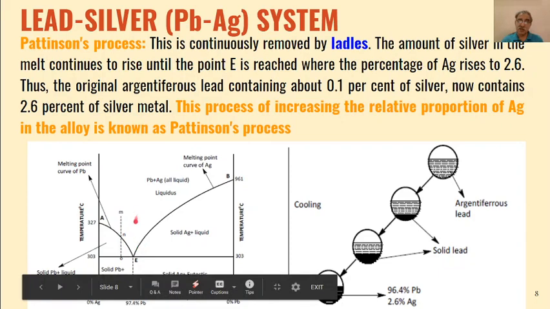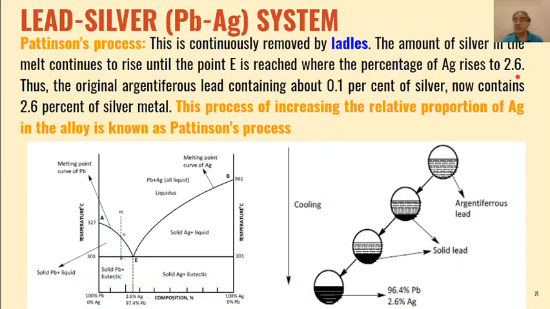Similarly, as the temperature moves from here to here, at point E we can see that the percentage of silver can be 2.6%.